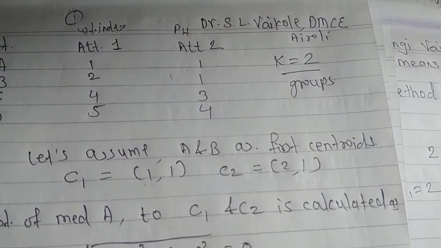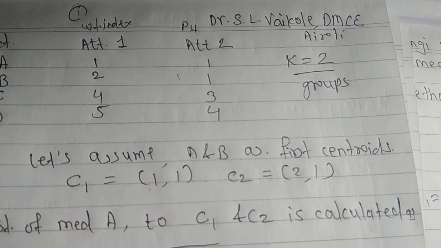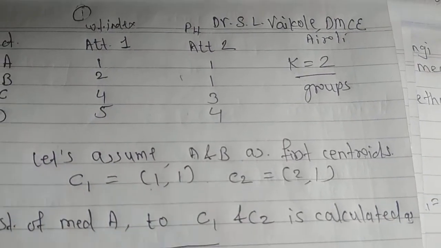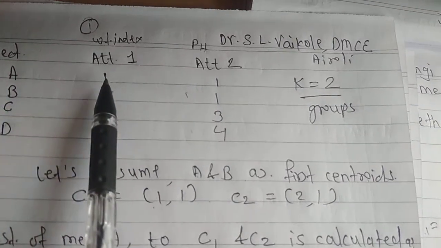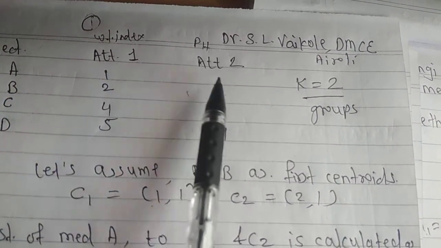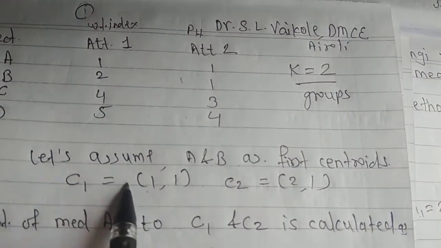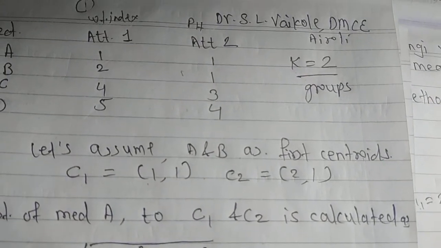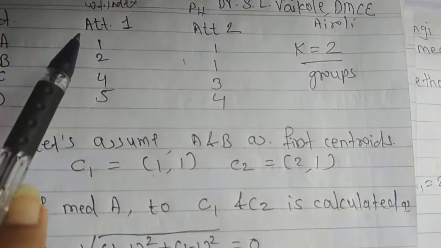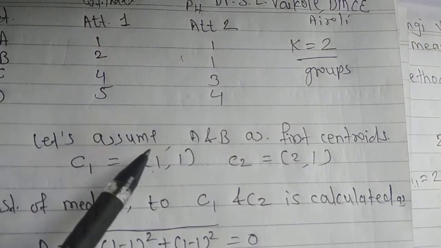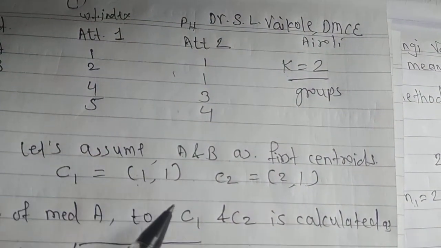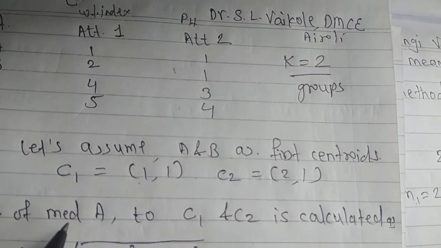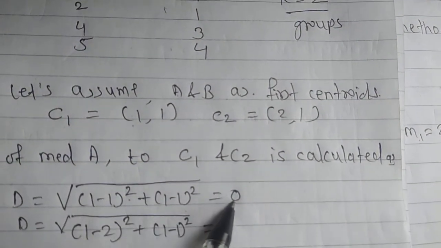Now we find the distance of each medicine with respect to C1 and C2. How do we find the distance? For medicine A, the attributes are (1, 1) and C1 is (1, 1). So the distance is the square root of (1 minus 1) squared plus (1 minus 1) squared, which is equal to 0.